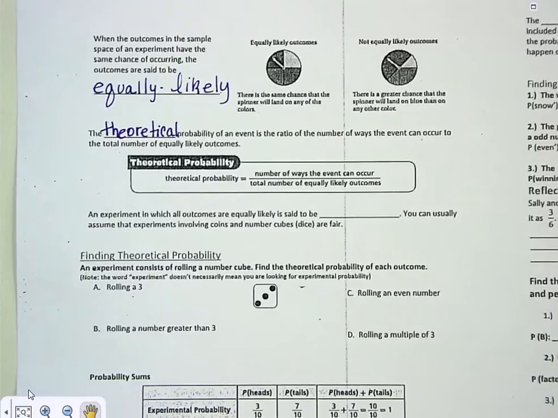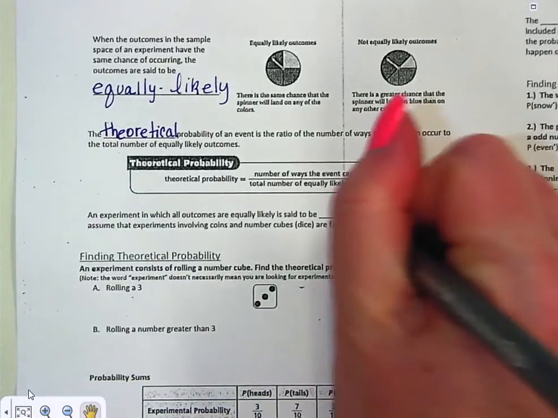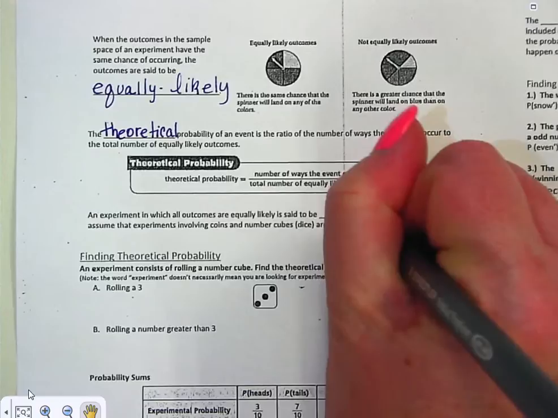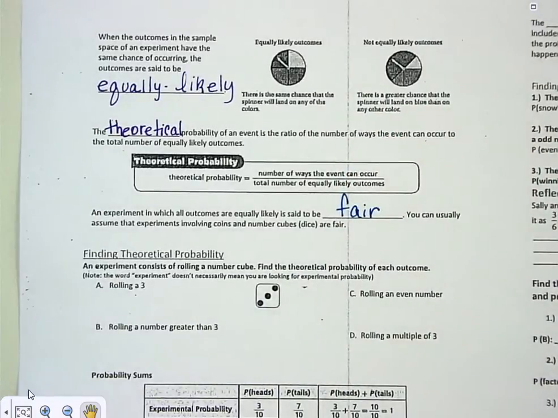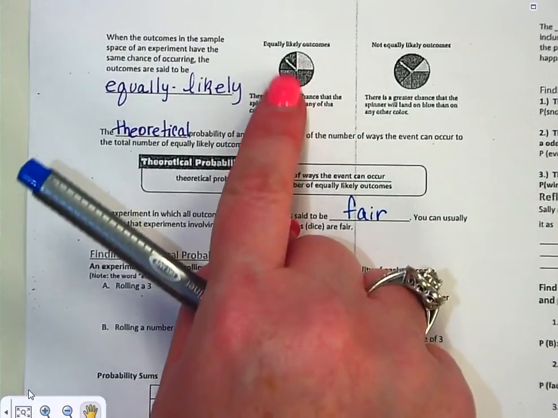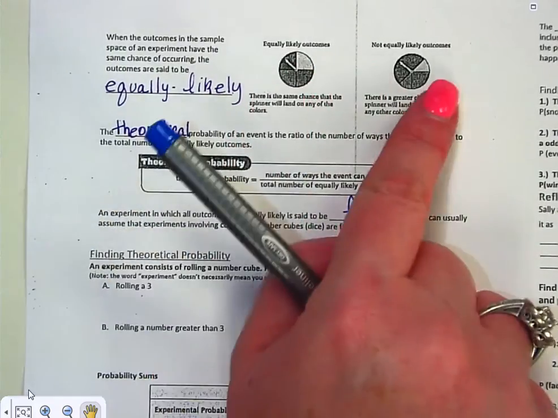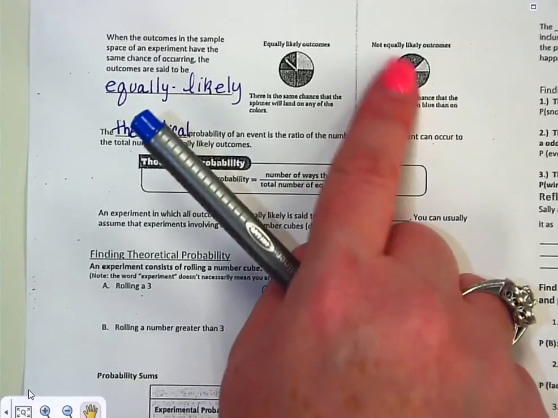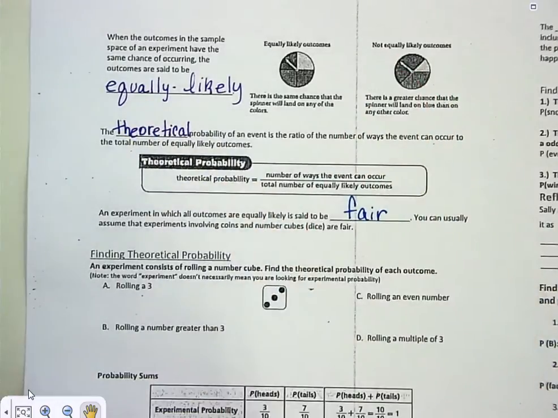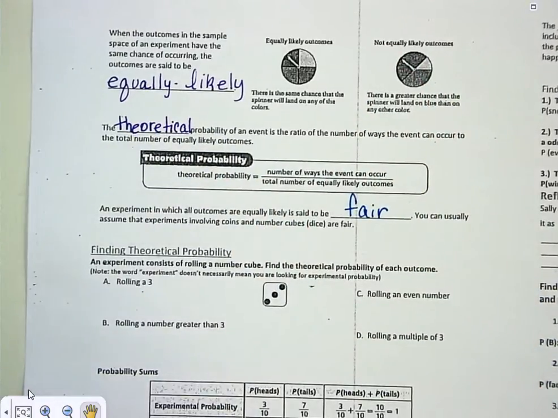It's a fair experiment. You can usually assume that experiments involving coins and number cubes, which are dice, are fair. Okay? This one up here would be fair. Would this one be fair? No, because one of the sample spaces is smaller than the other.